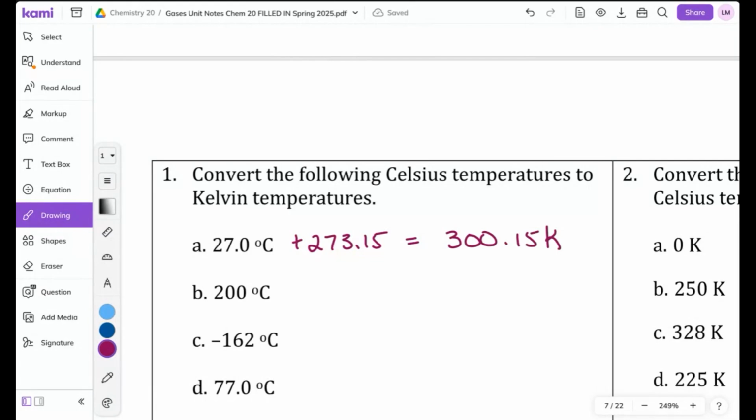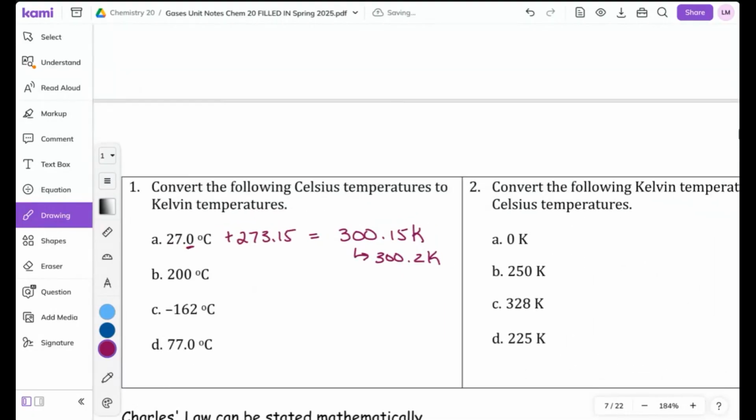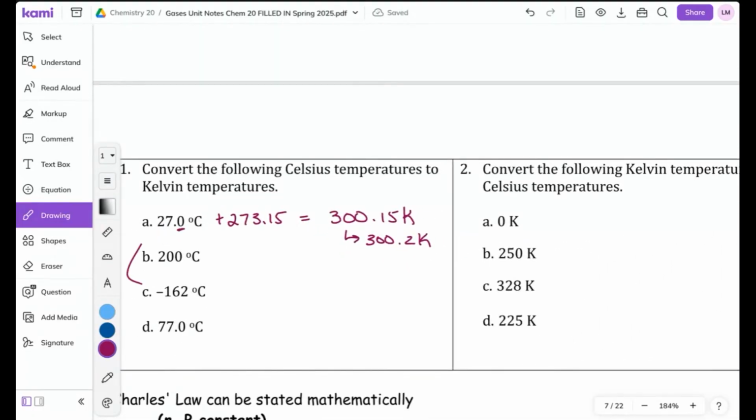Now, to do this with the correct number of sig digs, for adding and subtracting sig dig rules, you always go with the least amount of digits after the decimal. So this would be 300.2 Kelvin with proper sig digs. The rest of these questions will be the exact same process. Add 273.15 and then make sure you put your answer in the correct number of sig digs.